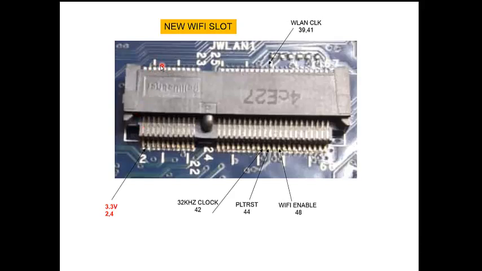It's like that. This side is the odd side and this side is the even side. So you have to concentrate on pin number 48. Here you should get 3 volt. If the 3 volt is not coming here, then you can make a jumper from pin number 2 to pin number 48. Then this Wi-Fi enabling problem will be solved.